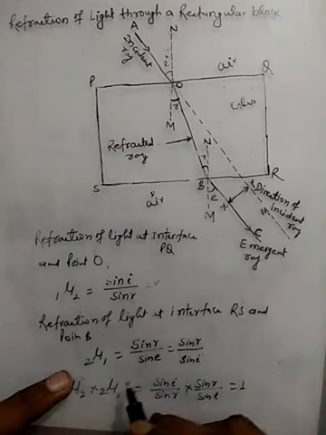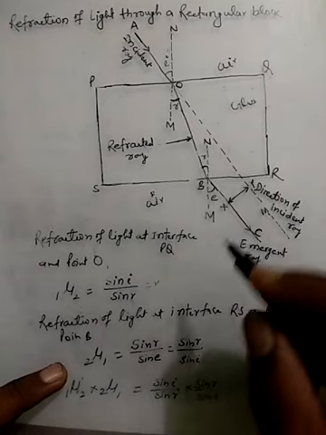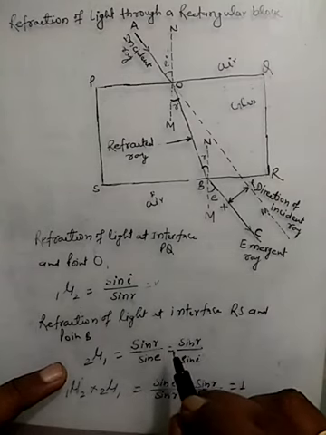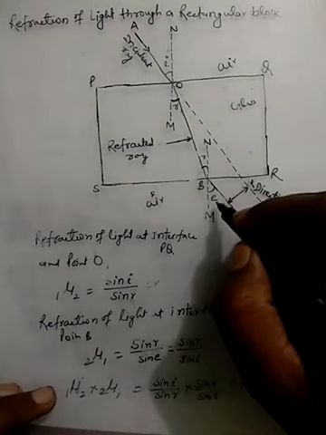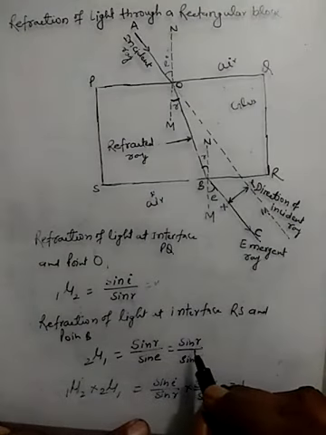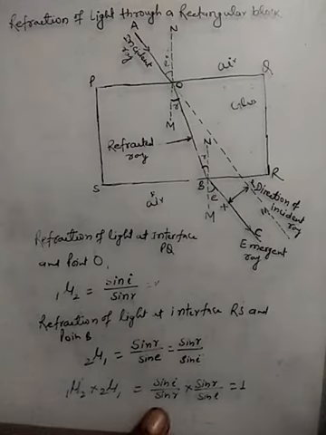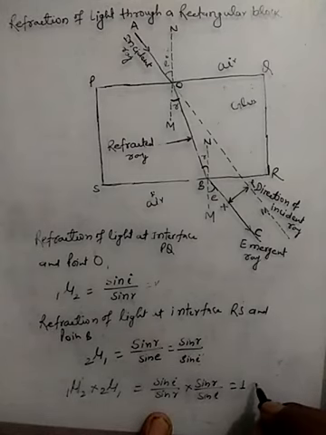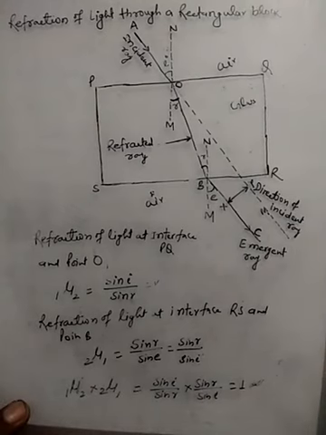Therefore mu21 is expressed as sin R upon sin E, and the emergent angle E is equal to the incident angle I. Then it can be written as sin R upon sin I, and if you multiply these two refractive indices, the product is equal to 1. We have got this result with the help of this. Thank you.